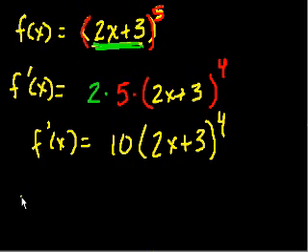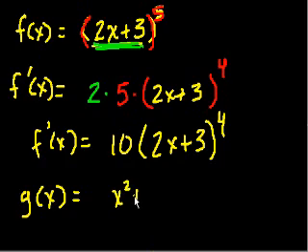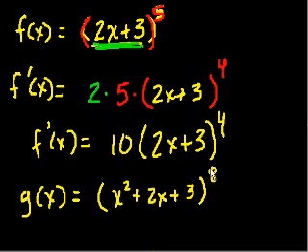Let's change it a little bit. Let's say g of x is equal to x squared plus 2x plus 3 to the 8th power.